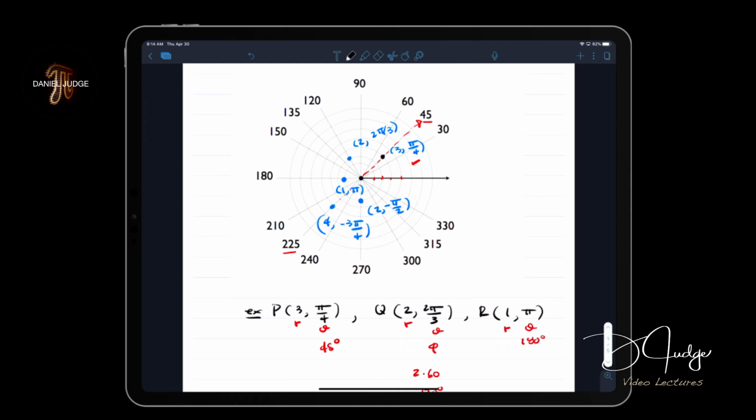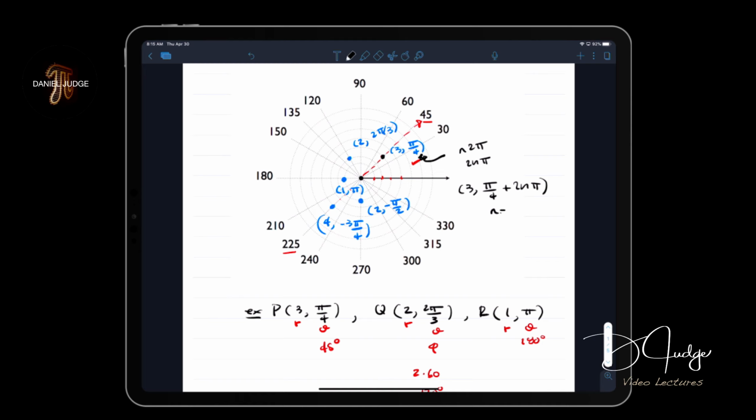Remember what we're focusing on: we are adding multiples n of 360, which is 2 pi. It could be positive, it could be negative. This is why we write 2n pi. So 3 pi over 4 plus 2n pi is the exact same point.